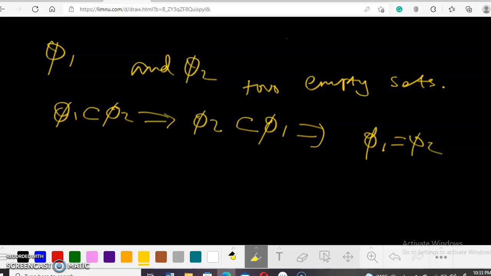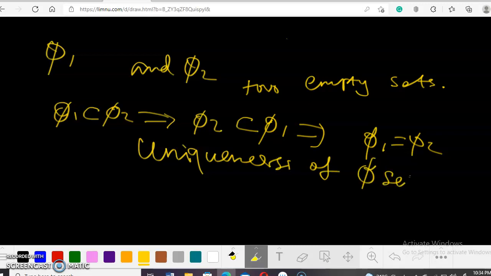Hence, this shows us the uniqueness of empty sets, which means that the empty set is a subset of every set. This is actually pure mathematics.